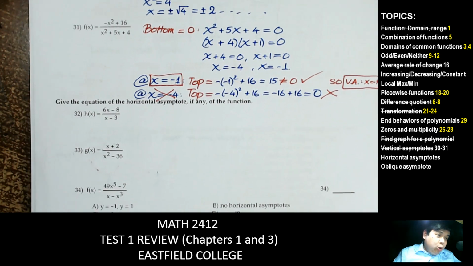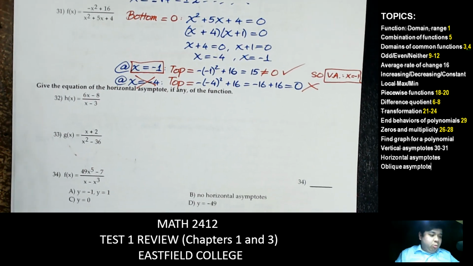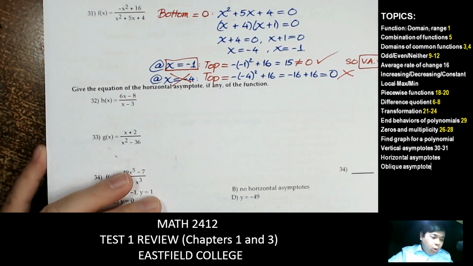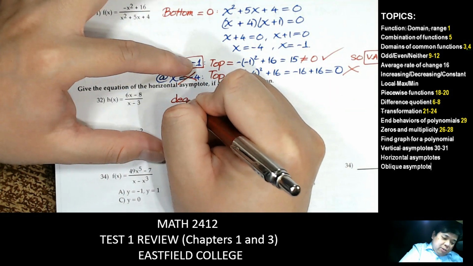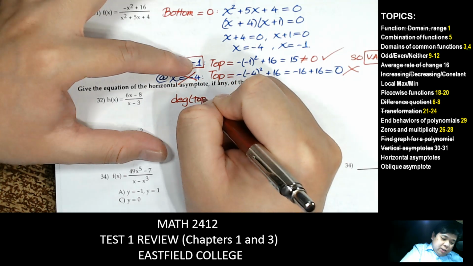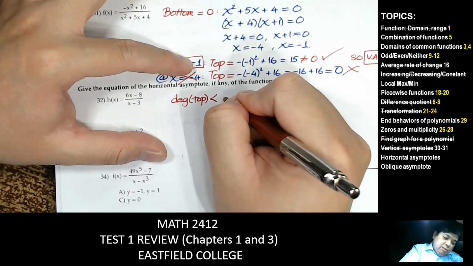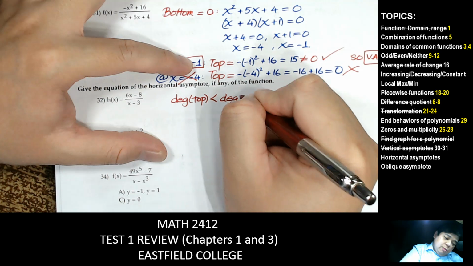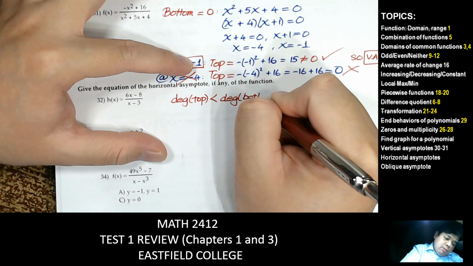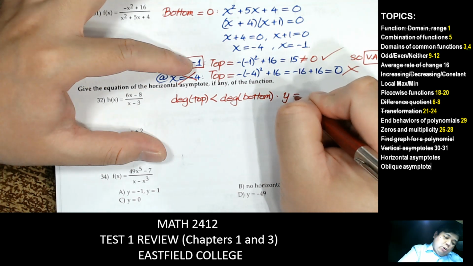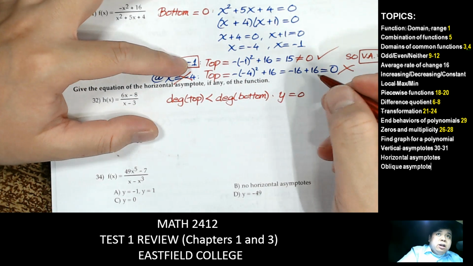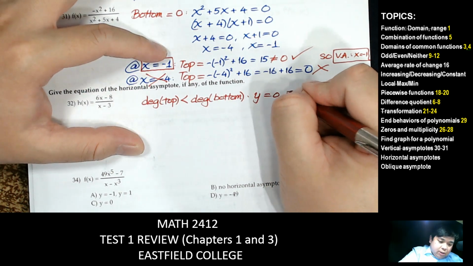Horizontal asymptote: there will be 3 scenarios and it's very straightforward. I'm going to write this down. Degree on top, if it's less than the bottom, then y equal to 0 is the horizontal asymptote.